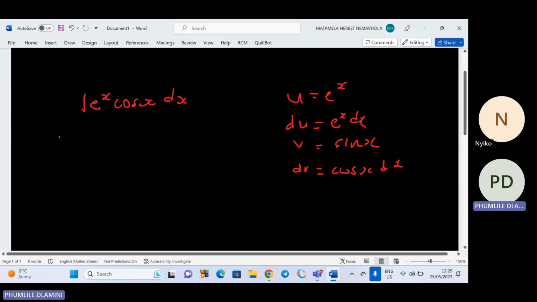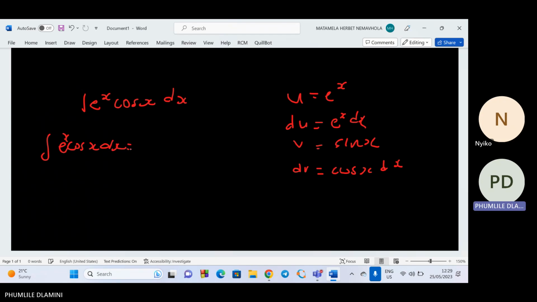So when I use these values, the integral of e to the power x cos of x dx equals uv, e to the power x sine of x, minus the integral of v, which is sine x, du, which is e to the power x dx.